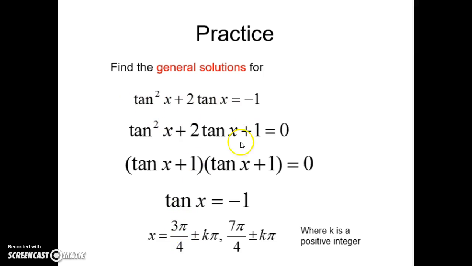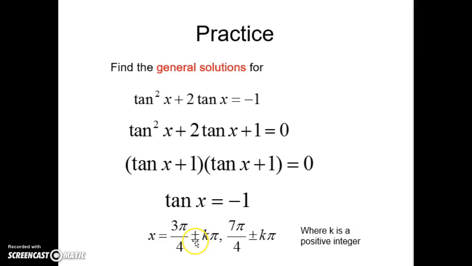Because tangent has a period of pi, if I multiply its period by a positive integer, then I could say that x would equal 3 pi over 4 plus k times pi, where k was a positive integer.